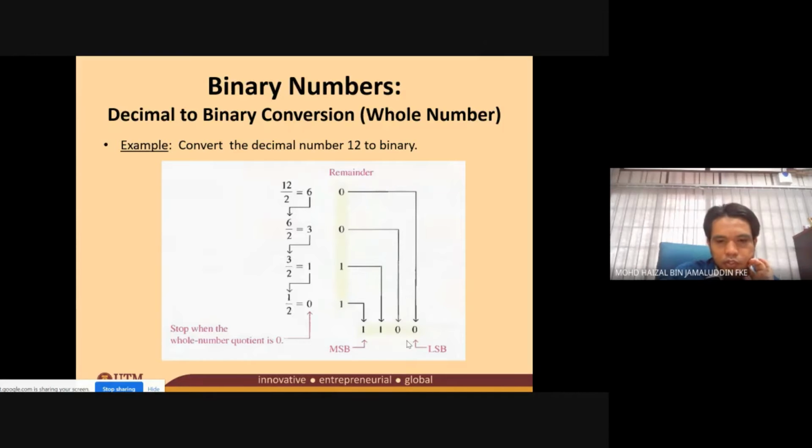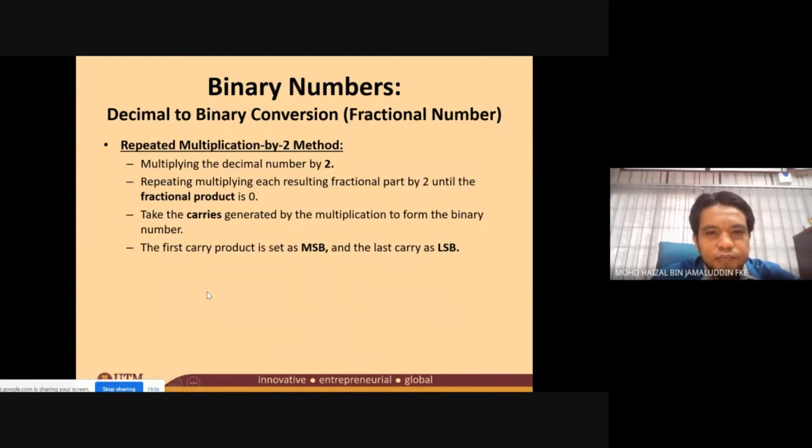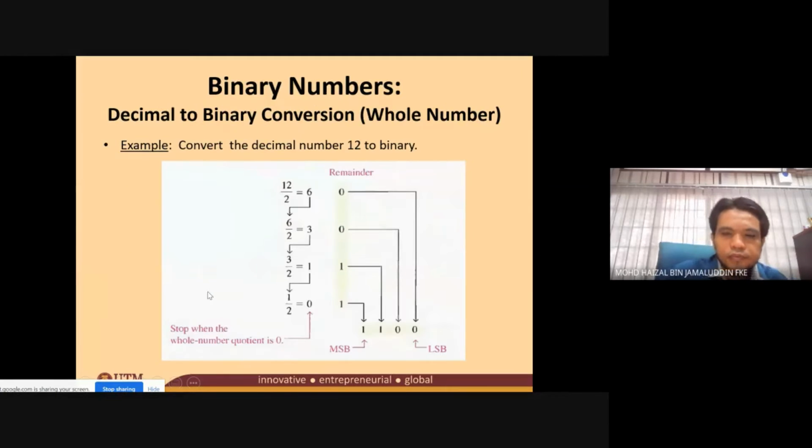Okay, any question? Mungkin a little bit, okay, you need to focus, but later you can try when you get the slide, or you can try from your notes, okay? Hopefully you can focus, understand this.